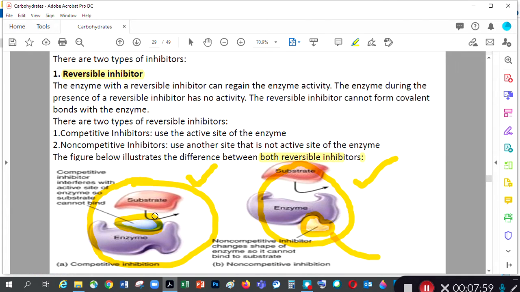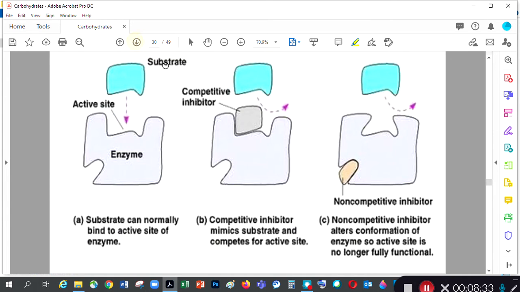Now the good thing about this is that if the inhibitor goes away, then the substrate will take over and the reaction resumes to the products. So those are not permanent. They can be removed later on. That's very important to know. Reversible means they are not permanent. They don't stay forever. And if the condition changes, they are kicked out of their attachment to the active site or the outside sites, and the reaction can resume.